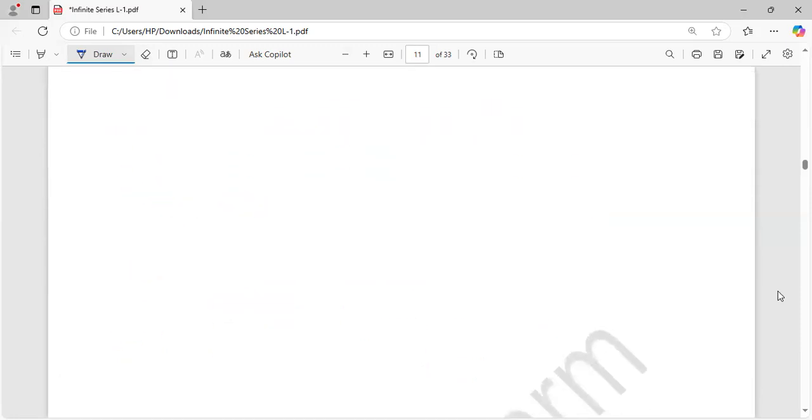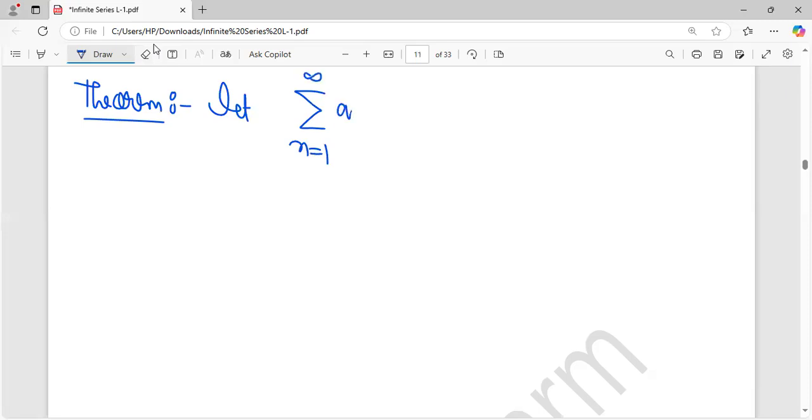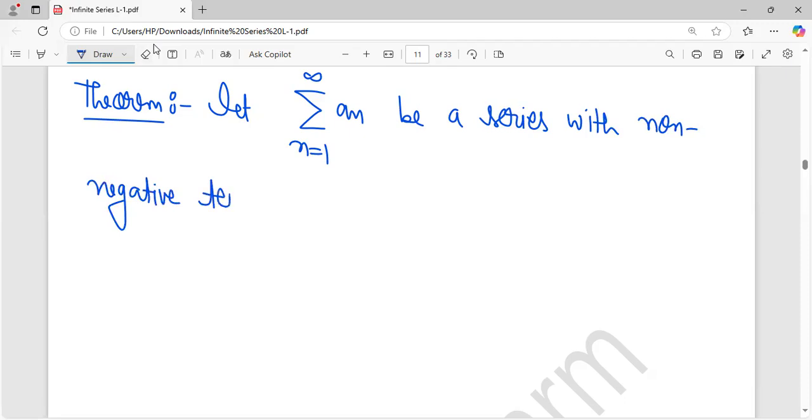So now we are going to prove a result. You can check the theorem. Let summation n goes from 1 to infinity of an be a series with non-negative terms.